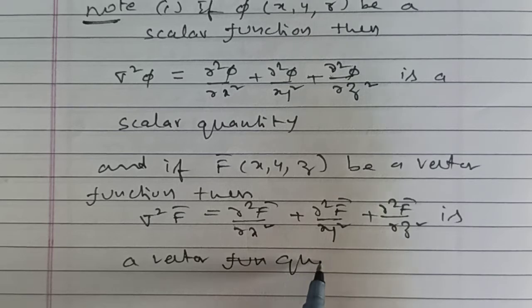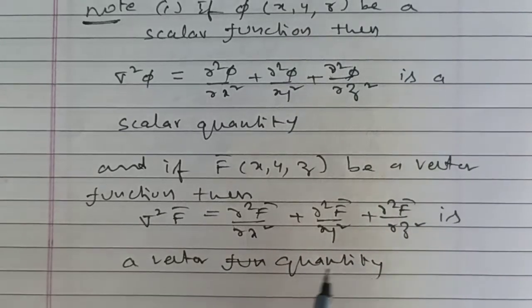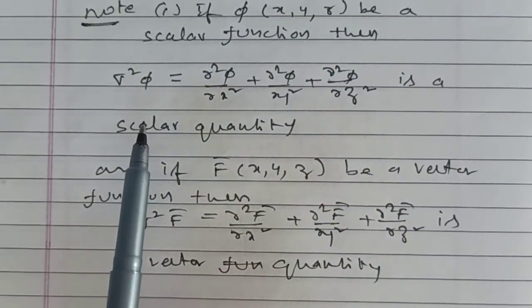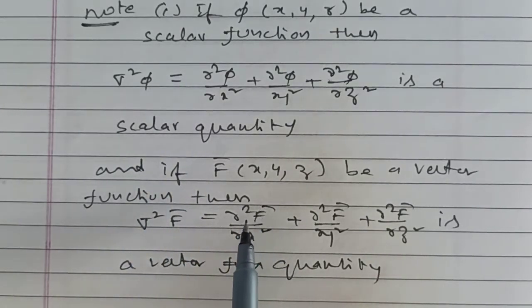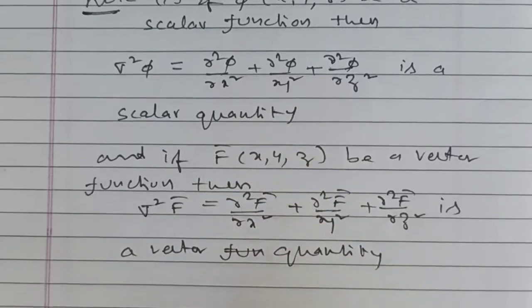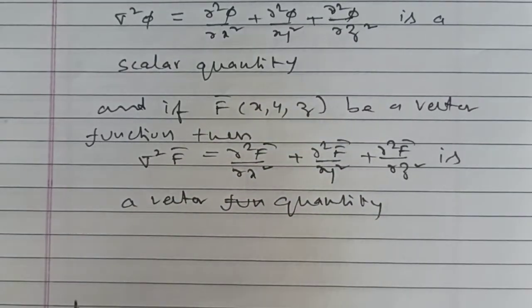So if we take the scalar function, we have a scalar quantity, whereas for a vector function, del square f bar is a vector quantity.